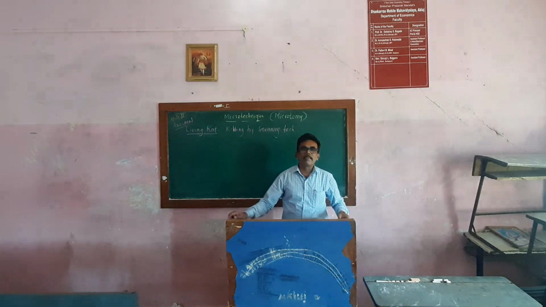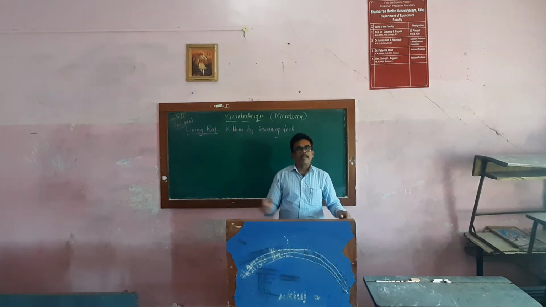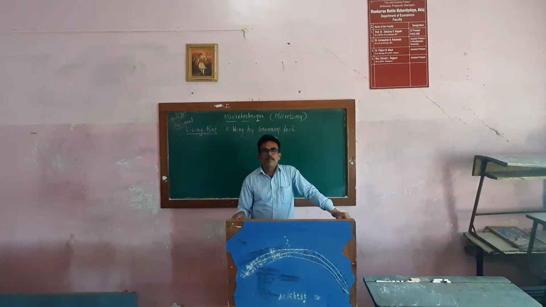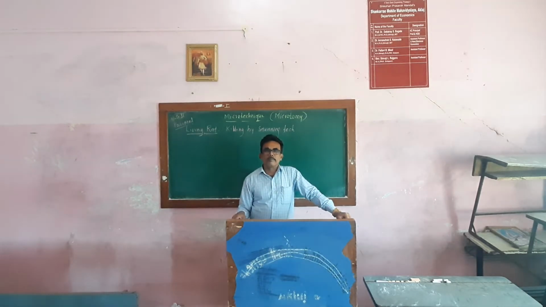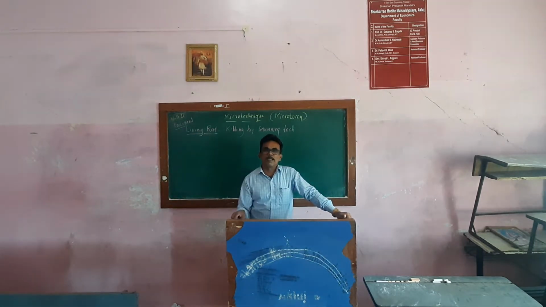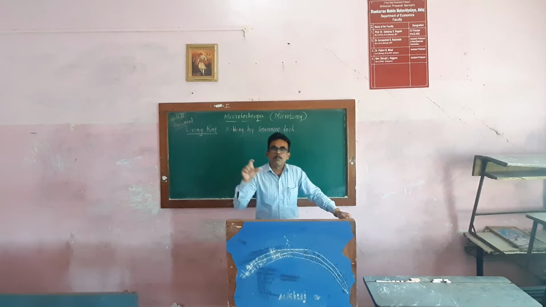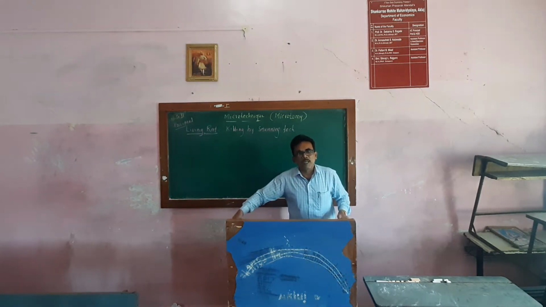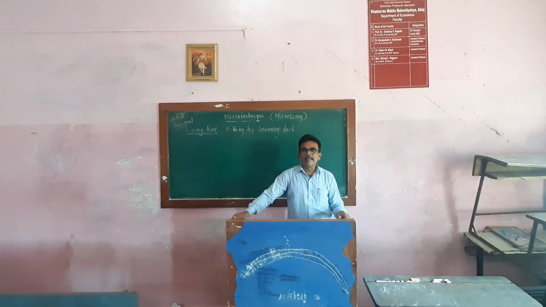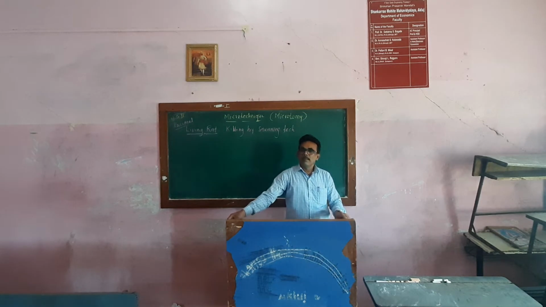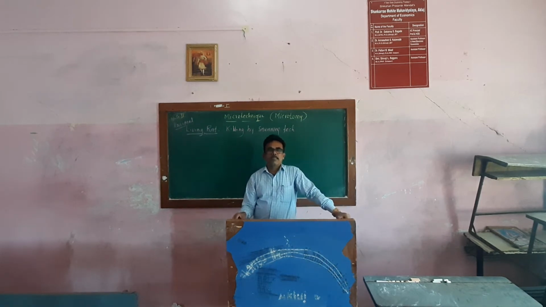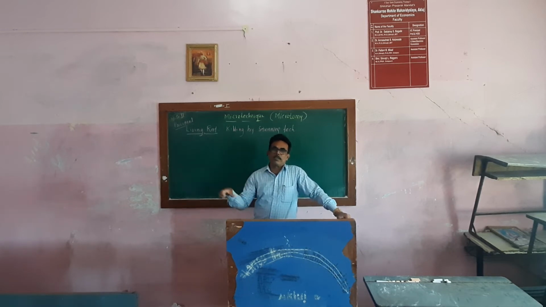We have to dissect the rat, take it in a dissecting tray, and remove the different organs: the esophagus, stomach, small intestine, large intestine, liver, pancreas, testes, ovary, like this.